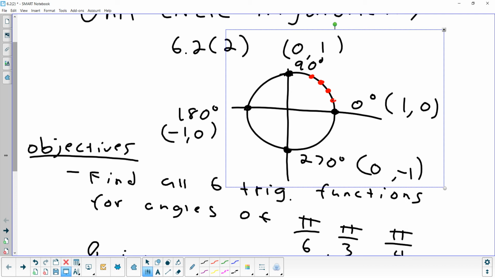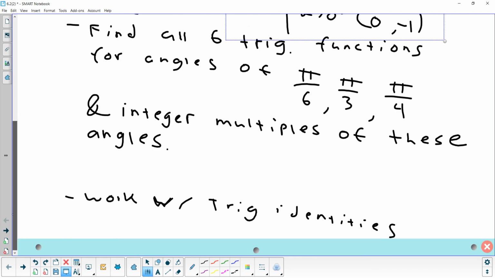If we were going to do 15 and 75, those would go in right there. Then we would have every angle that's a multiple of 15. You can do the 15s. It's a little bit tricky because you need what's called a trig identity to do it. But we'll talk more about that later on. Okay?